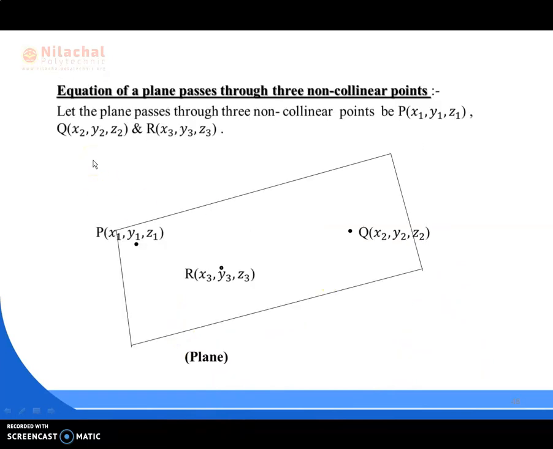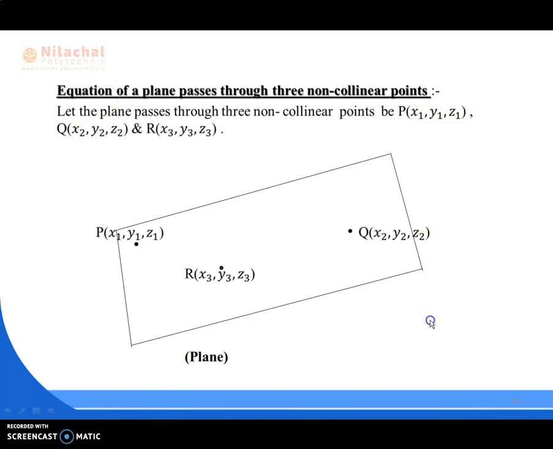Then the equation of a plane passing through three non-collinear points. That means these three points do not lie on one line. Let the plane pass through three non-collinear points P, Q, R, where P is (x1, y1, z1), Q is (x2, y2, z2), and R is (x3, y3, z3).